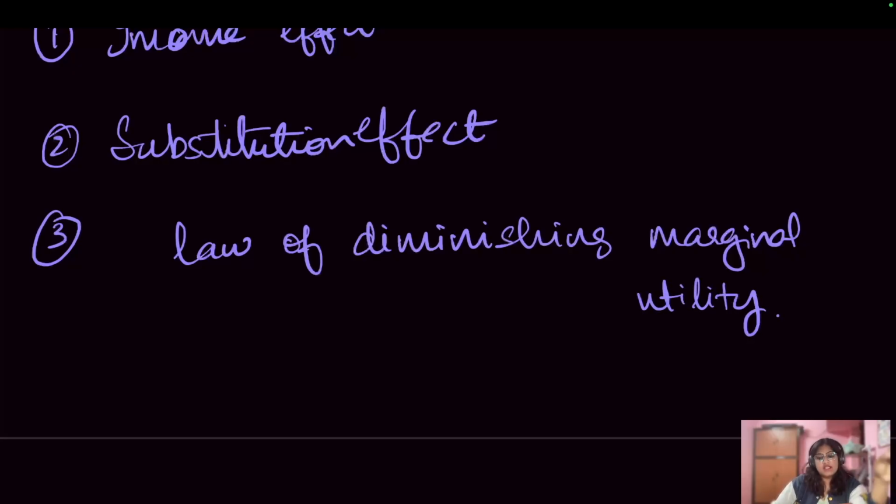It states that as you consume more of a product, the satisfaction or utility that you get from each additional unit will reduce. Up to a limit, it will go up until you're satisfied. After that, with every unit that you consume, the utility or satisfaction you find in that consumption will reduce.